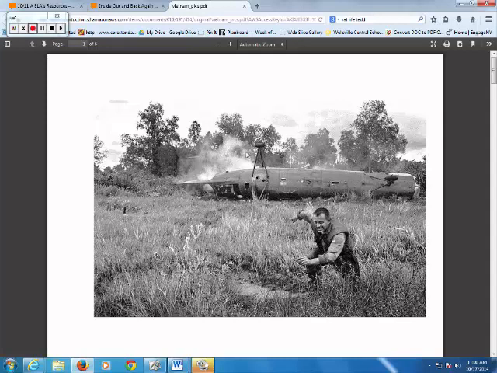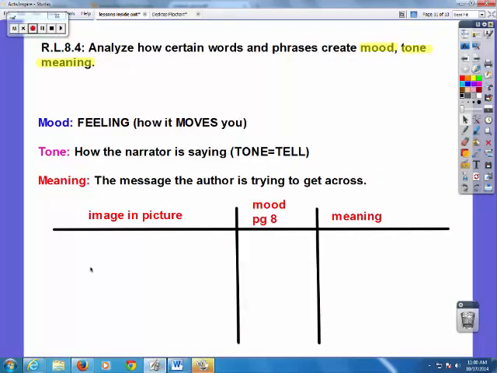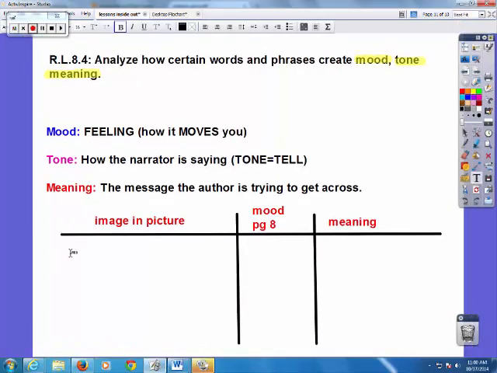So what do you notice in the picture that stands out? Well, first I notice this smoke, and I notice kind of this pained expression on the guy's face. So I'll come back here and I'll write smoke, guy in pain, guy running.